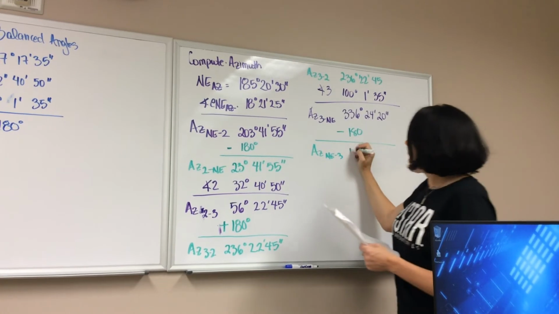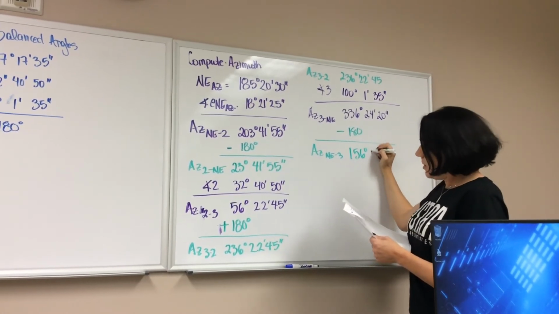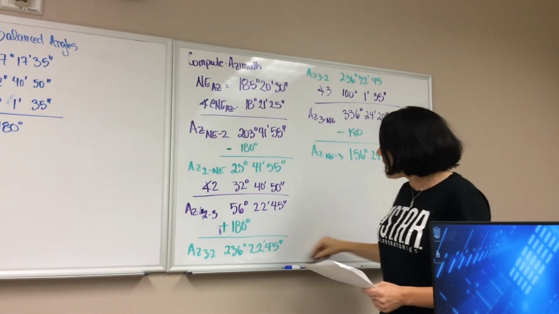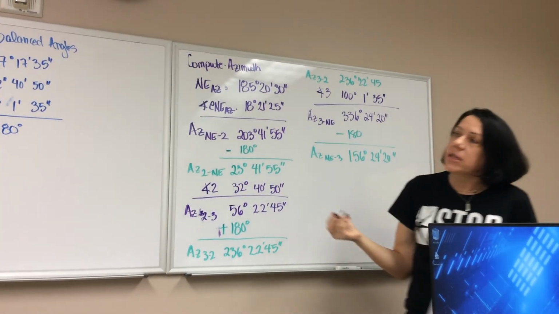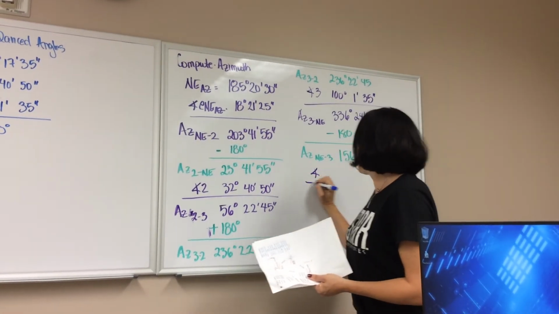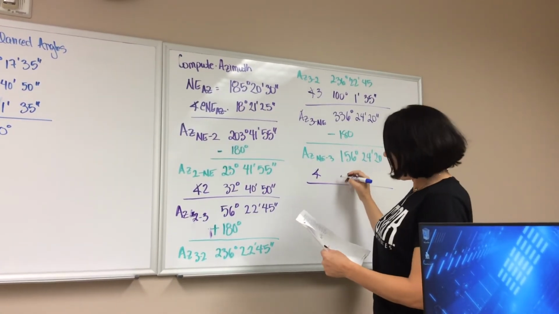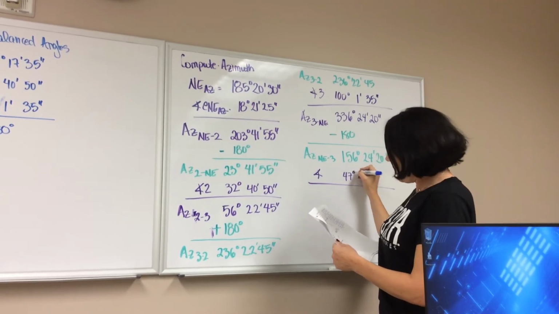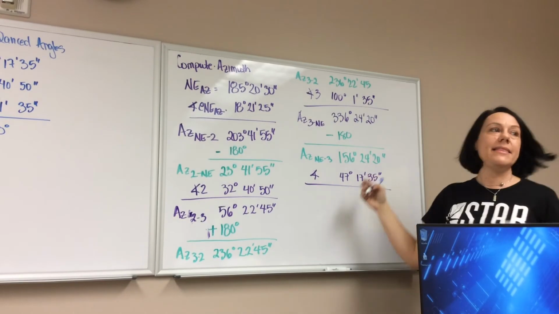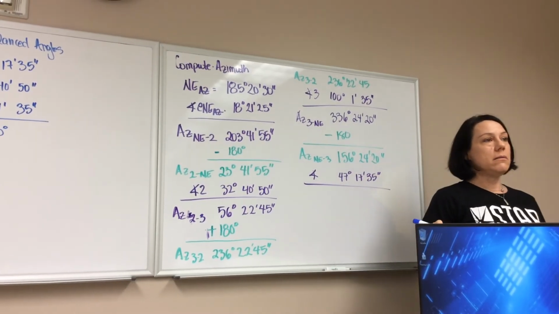So that's going to give me 156, 24, 20. So I'm going to add that closing angle, and it's called the closing angle because it closes your traverse. So the angle that I'm closing on is going to be the 47, 17, 35.